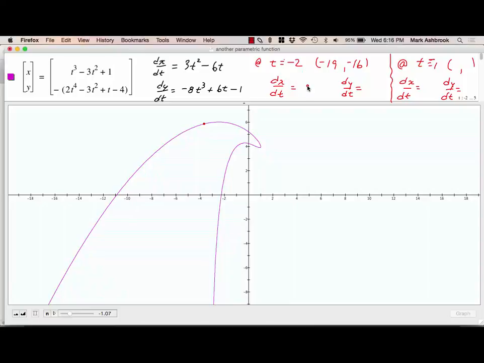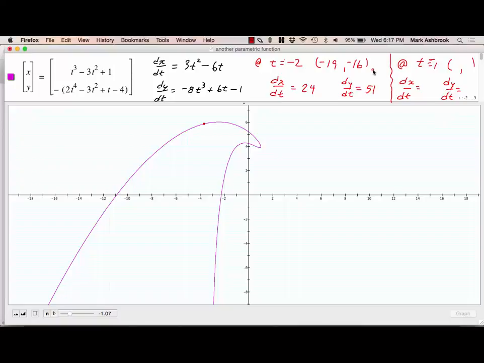Derivatives, first derivatives. Okay, can we interpret those numbers? So this should be easy. So what's the meaning of this ordered pair, negative 19, negative 16?